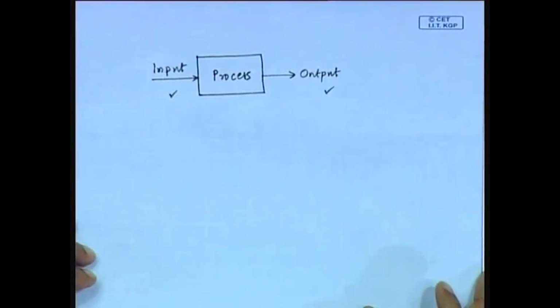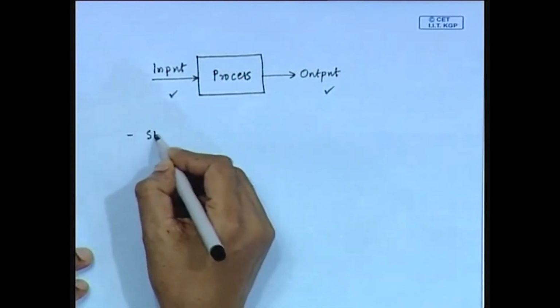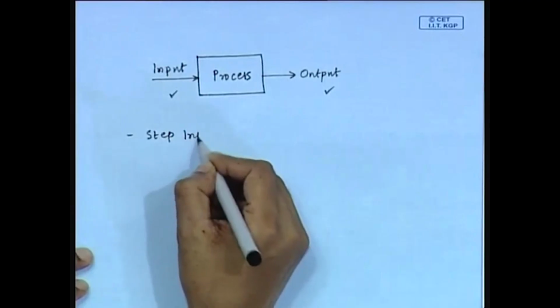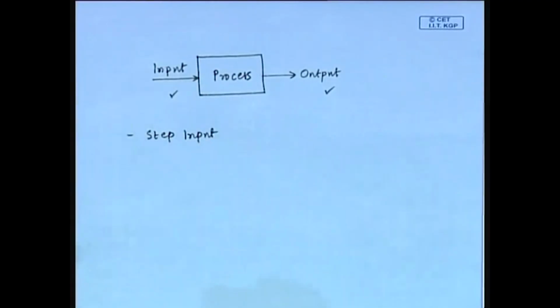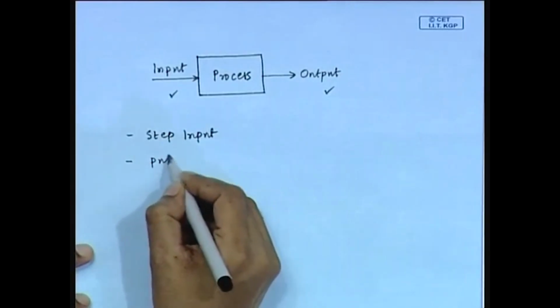Now, there are different input variables which we will consider. Those are step input, another one is pulse input.